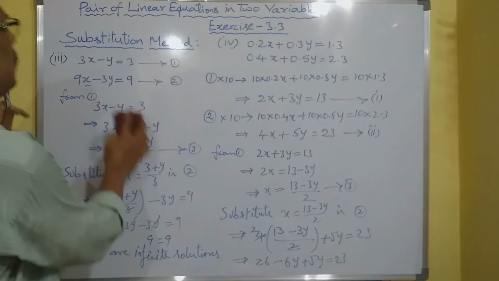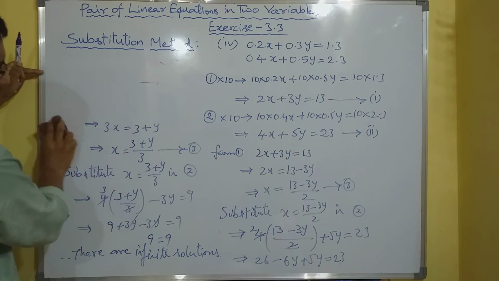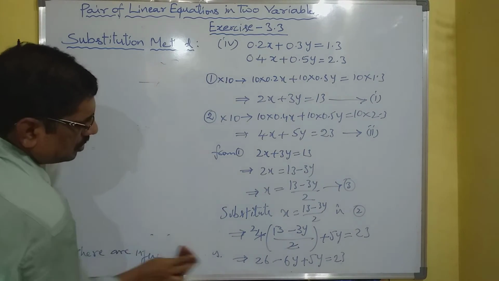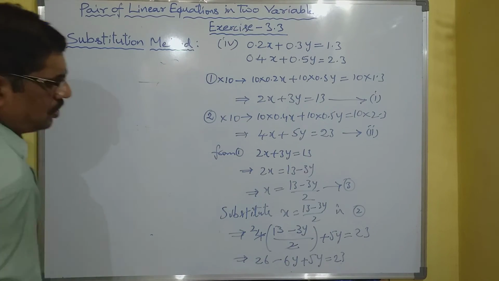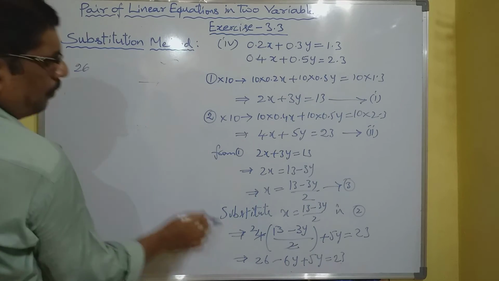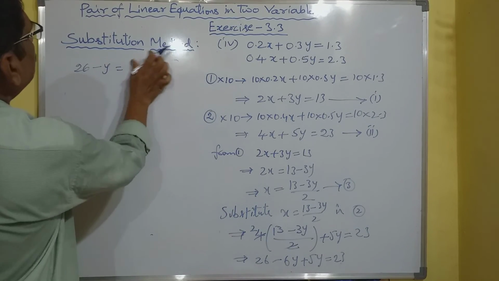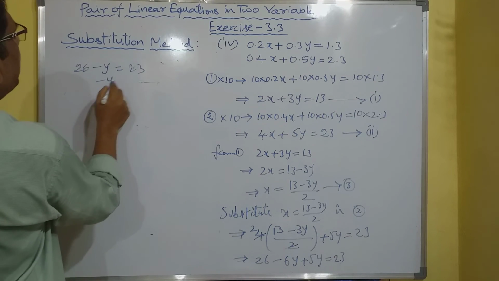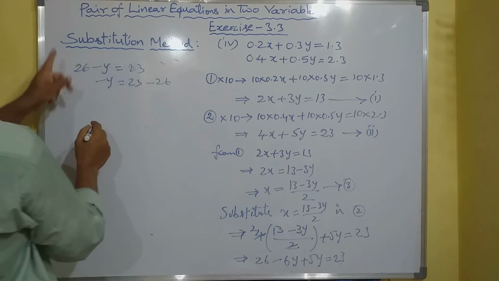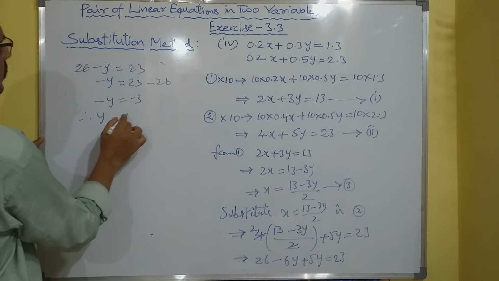Now I'll erase this. Now let us continue. 26 minus 6y plus 5y is minus y is equal to 23. Minus y is equal to 23 minus 26. If you take 26 to RHS, minus y is equal to minus 3. Therefore y is equal to 3.